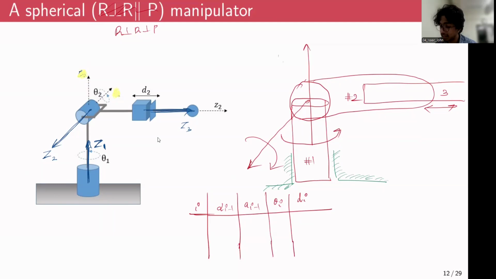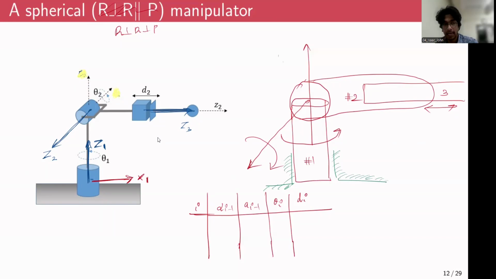To first assign the x-axis for Z1, you have to look at the direction of Z1 and Z2. And as you can see, they are perpendicular, right? Z1 and Z2 are perpendicular. So x1 axis has to be perpendicular to both Z1 and Z2. So if this is the direction of Z1 and this is the direction of Z2, x1 would be like this, perpendicular to both Z1 and Z2. So this is going to be my x1 axis.